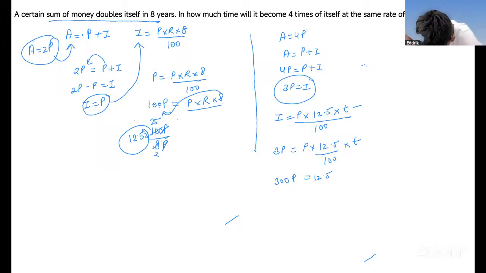So R is equal to 12.5. You can say that R is also equal to 25 by 2.